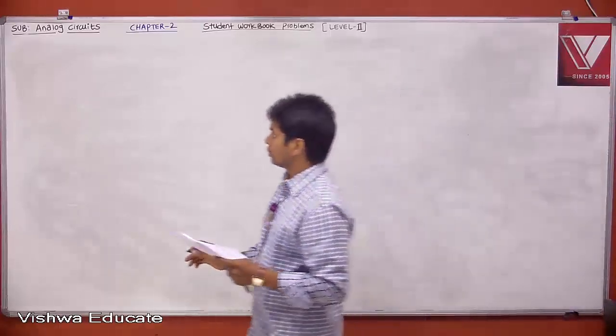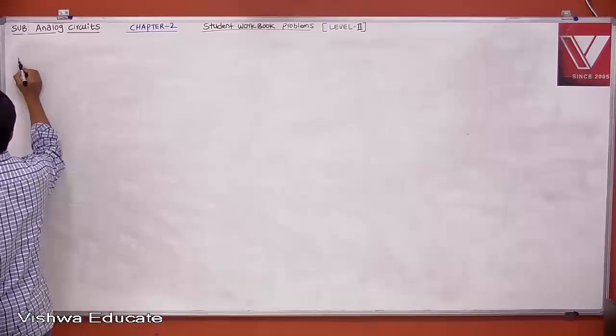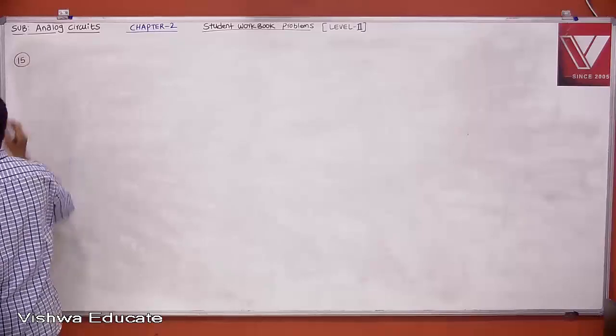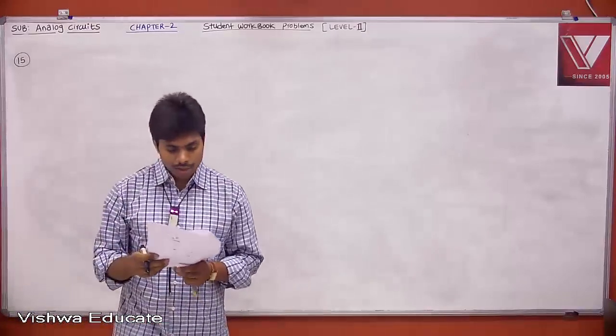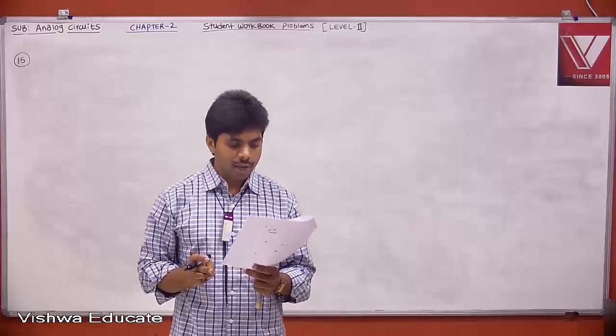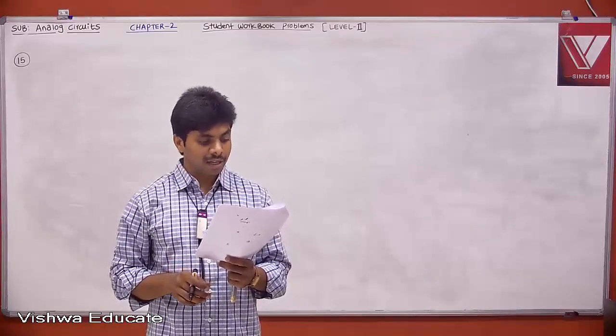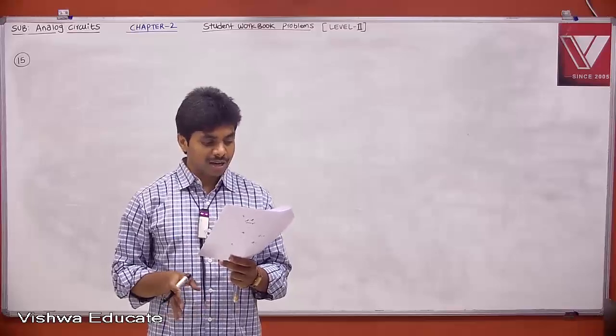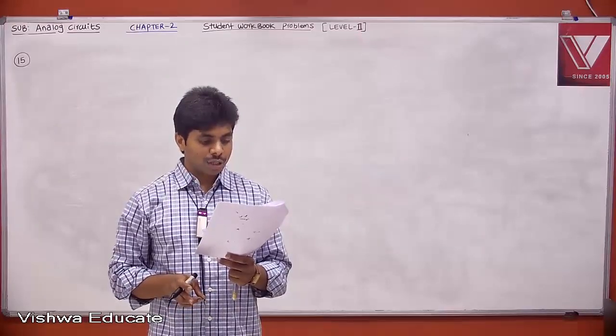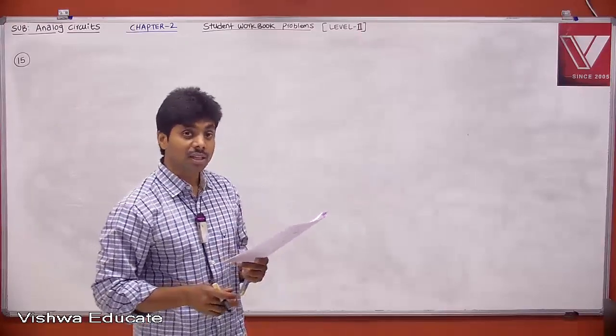Problem number 15. A distorted sinusoid has the amplitudes A1, A2, A3, etc. of the fundamental, second harmonic, third harmonic respectively. Then the total harmonic distortion is.